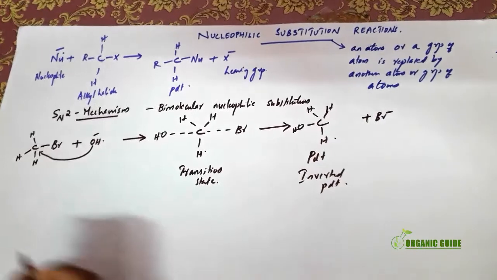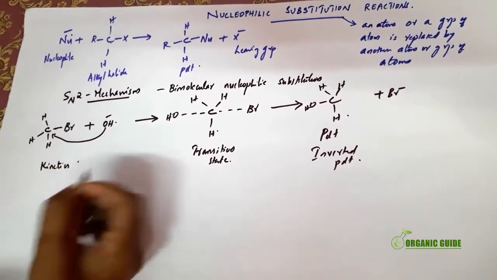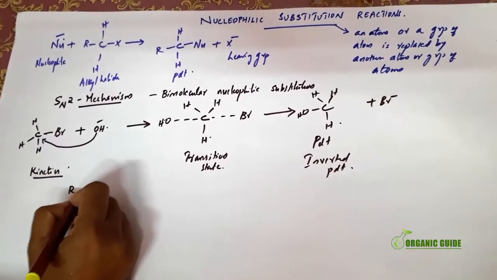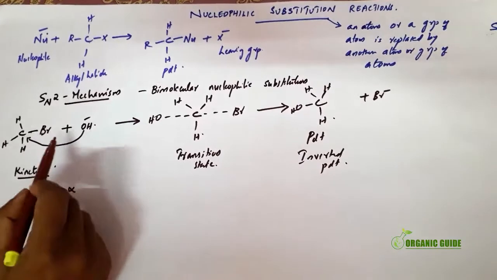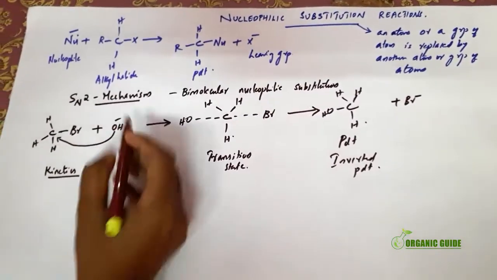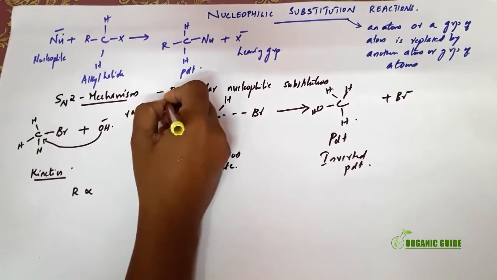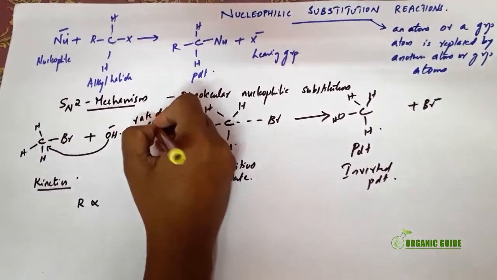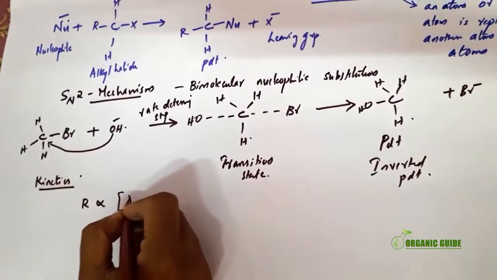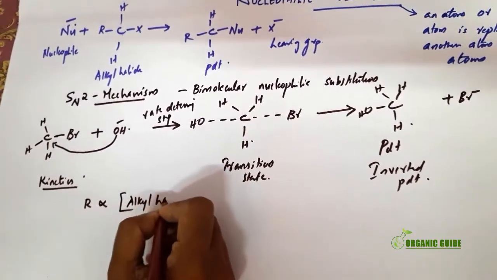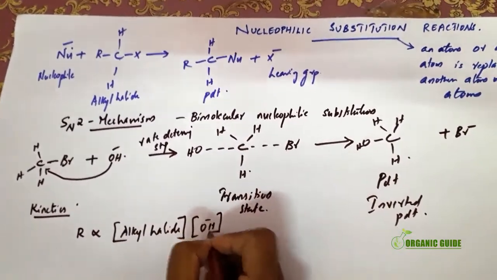Now we will move on to its kinetics. The rate will always be proportional to the concentration of reactants in the rate determining step. This is the rate determining step. So here there are the concentration of alkyl halide and OH minus, that is the nucleophile.